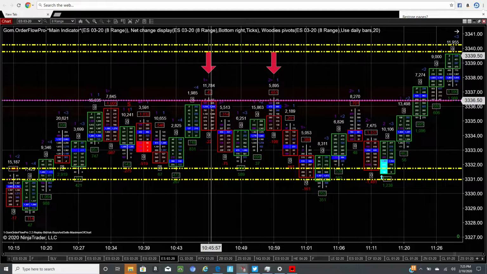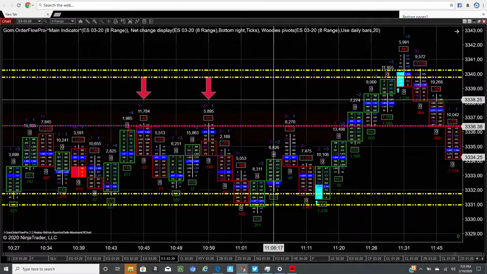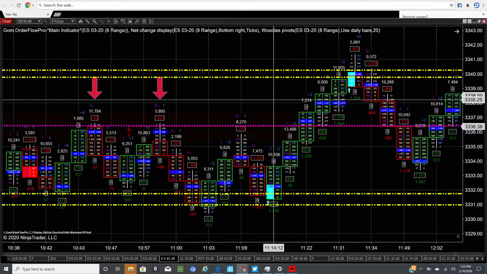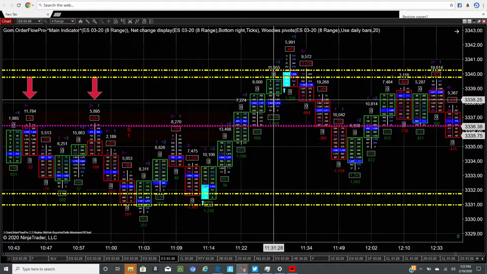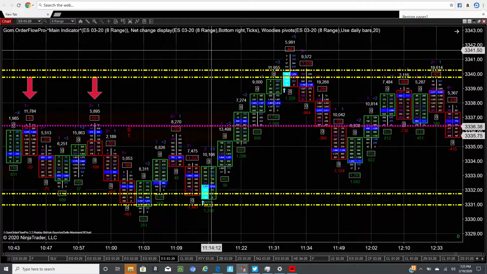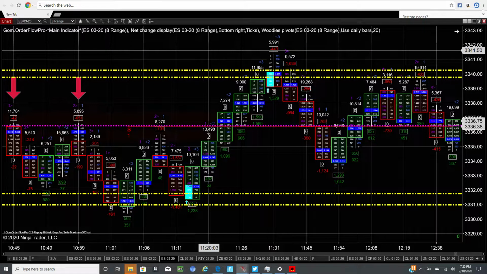I mean, right to the tick. And then again, another one that's right to the tick. Okay? So this is incorporating the yellow zones, the Woody's pivots, or the pressure zones when you get a signal, right?